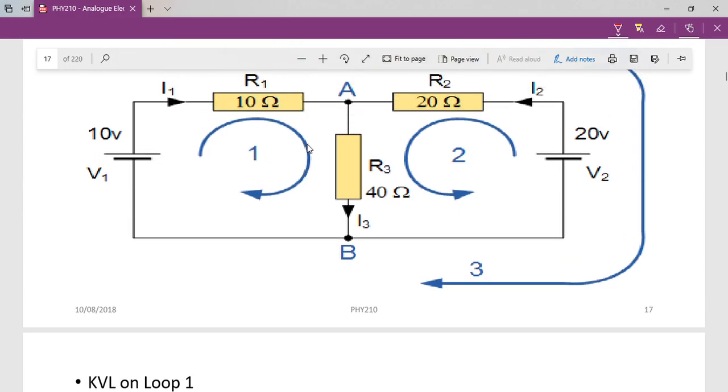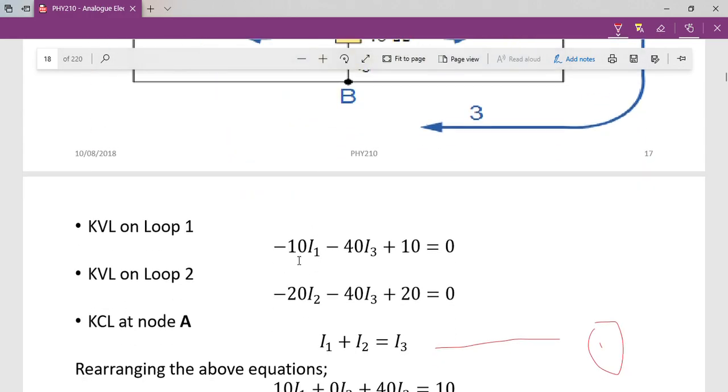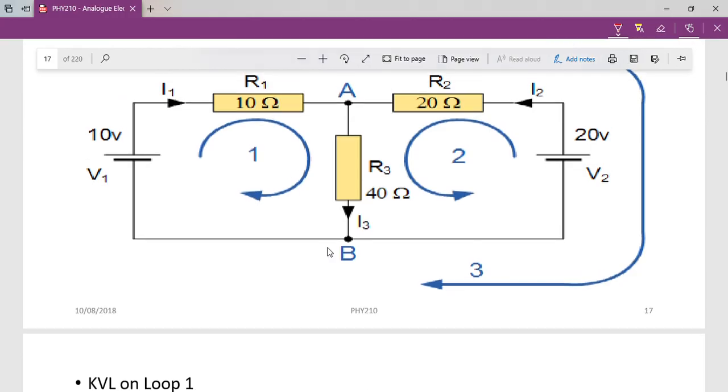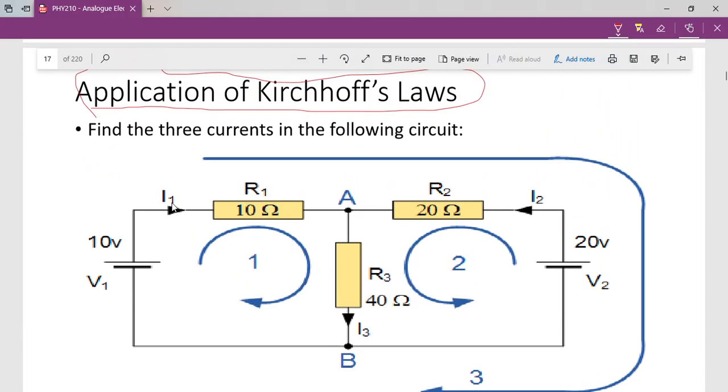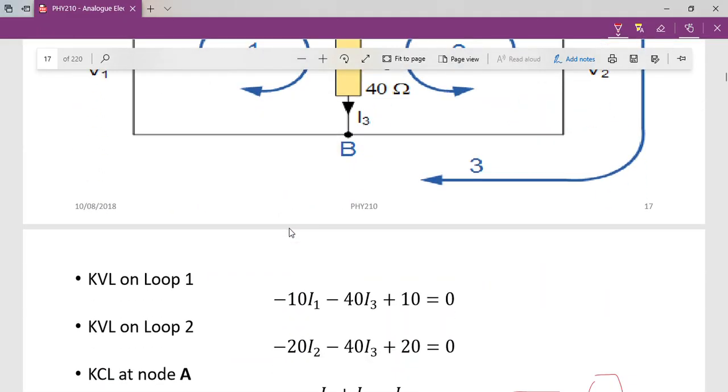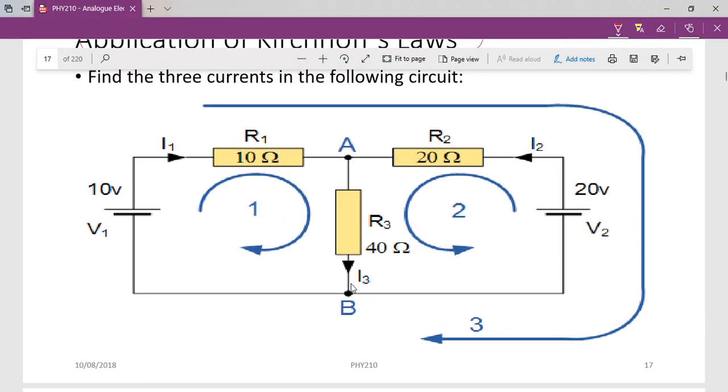Now let me show you this one. This is negative 10 I1, this one negative. This is current 1, this is voltage resistance 1, sorry. So they are moving in the same direction, so it is negative. Also, if we move to this side, this is R, this is I3, and this is R3, but the direction of current is moving this direction, so we take it as negative.